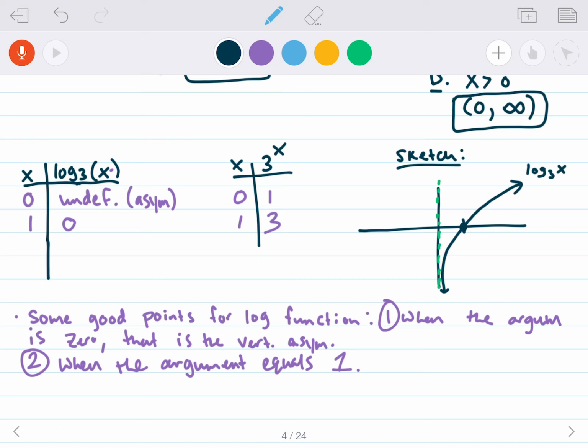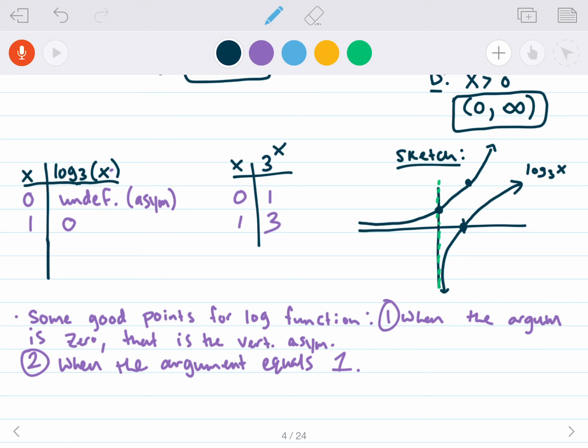And then our exponential function, well, we have the points x equals 0, y equals 1, so maybe right here. x equals 1, y equals 3, so maybe like that. And then we just connect the dots. And remember, this thing is going to hug the horizontal asymptote, which is 0, right?